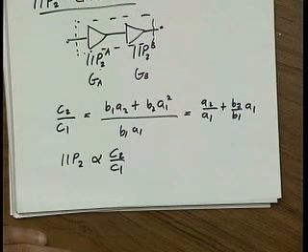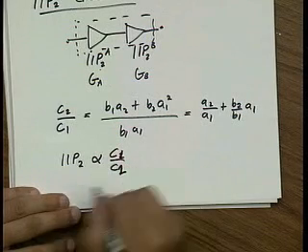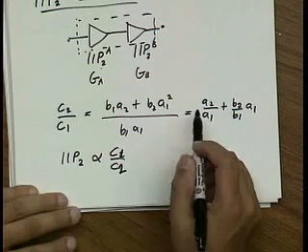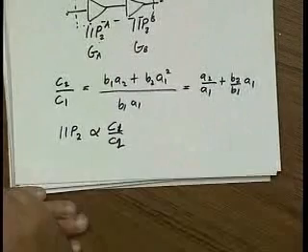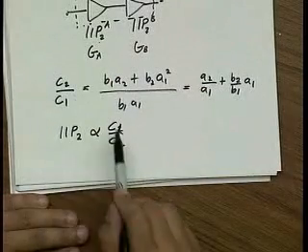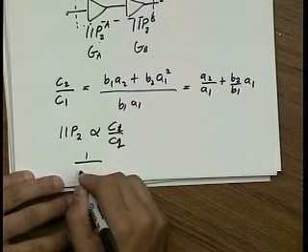Actually, sorry, it's proportional to C1 over C2. So this equation is telling me that I can multiply this by the right factor so that this proportionality turns into equality.